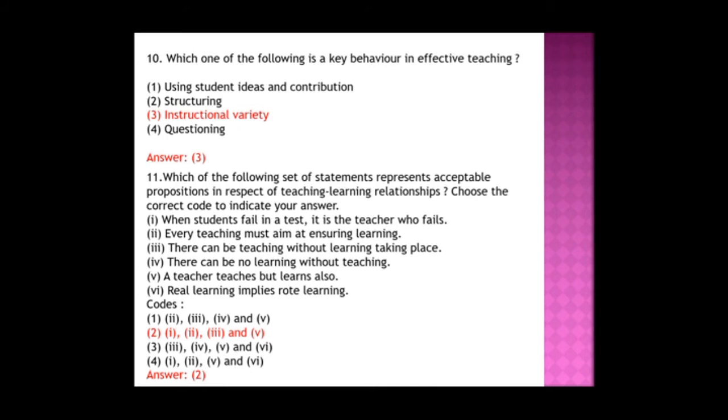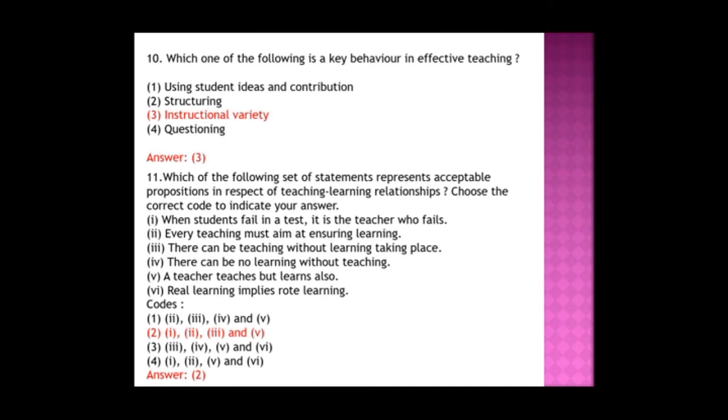And the 11th question is, which of the following sets of statements represent acceptable propositions in respect of teaching learning relationship? Choose the correct code to indicate your answer. And here the first one is, when students fail in a test, it is the teacher who fails. And second is, every teaching must aim at ensuring learning.